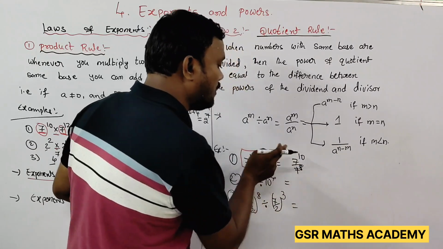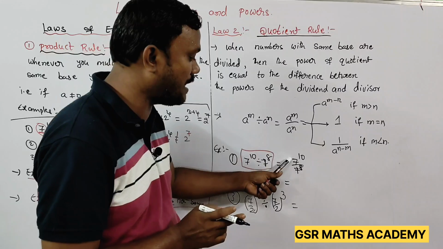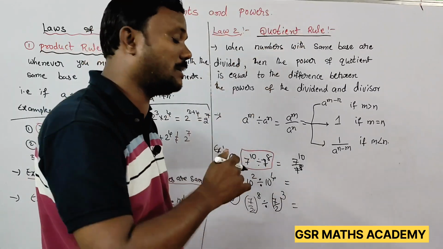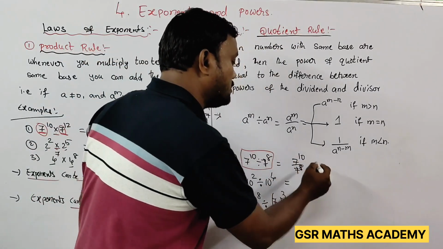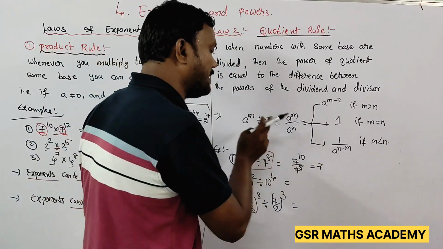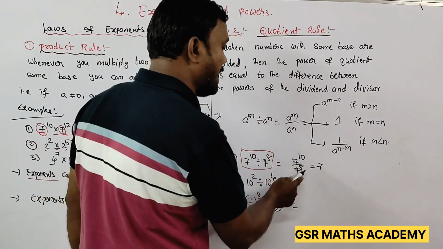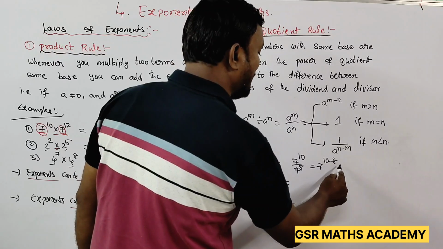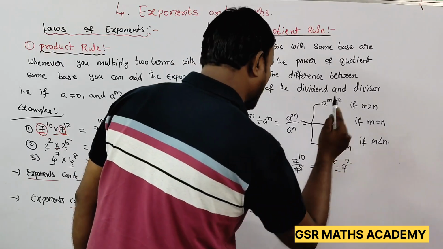The power of the quotient is the difference between 10 and 8, that is 10 minus 8, so we get 7 to the power of 2.